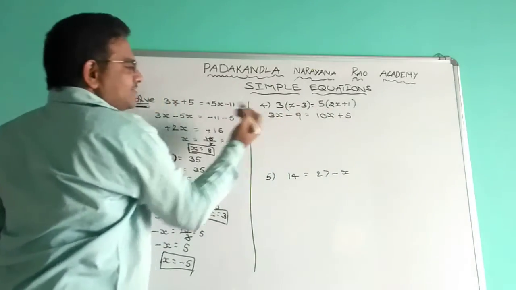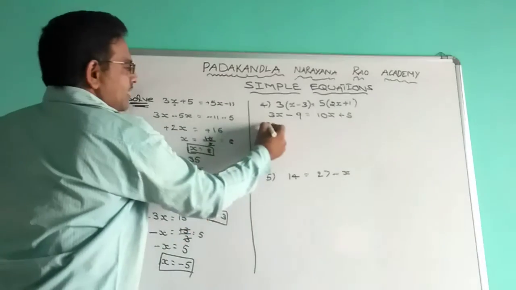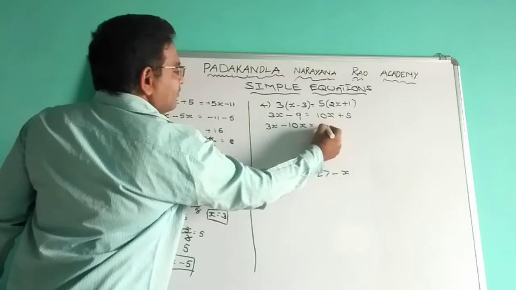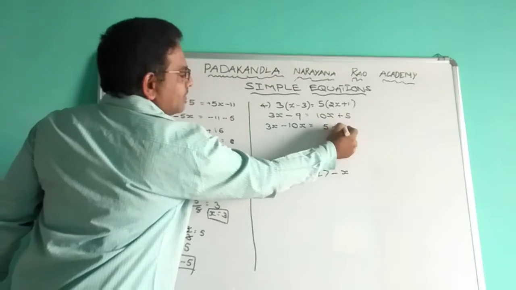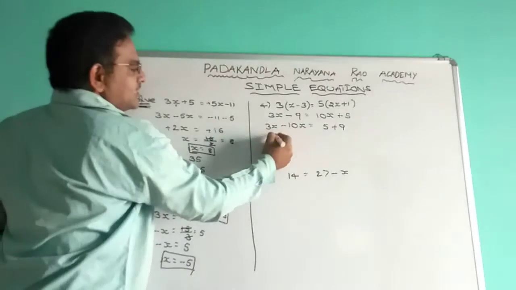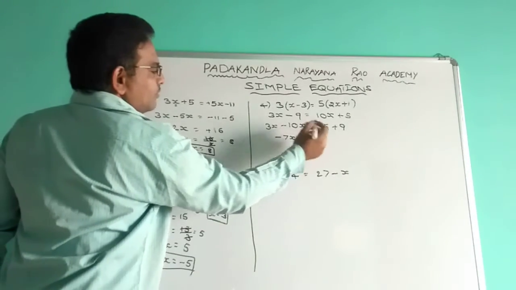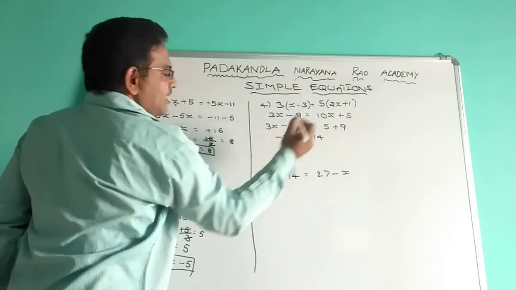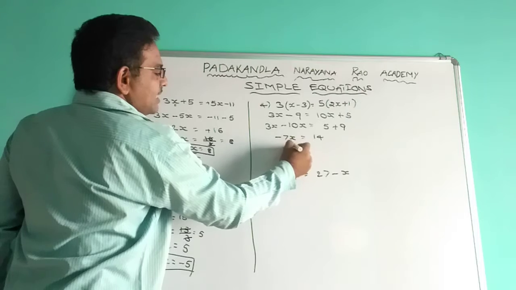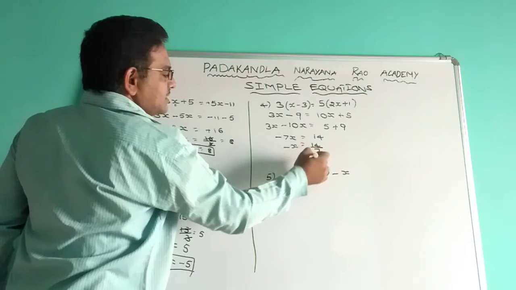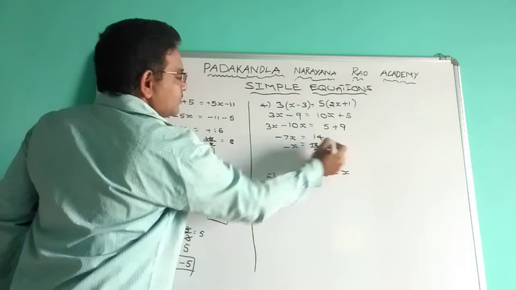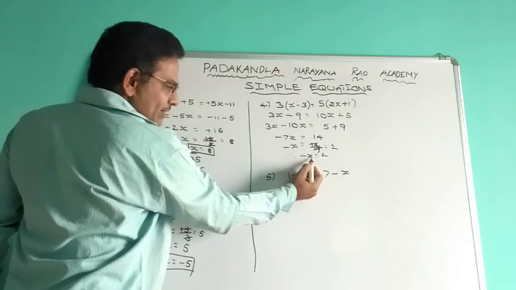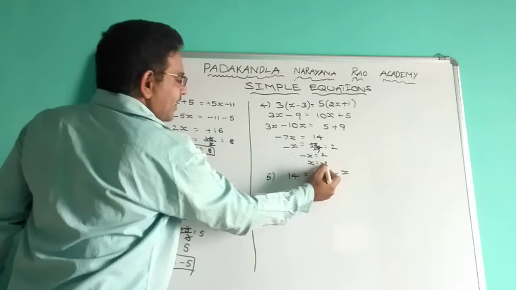Now write all x values on one side. 3x - 10x = 5 - 9, take 9 to the other side as plus 9. 3x - 10x is -7x = 5 + 9. Both have the same sign, so add to get 14. Then -x = 14 by 7. 7 ones are 7, 7 twos are 14. Therefore -x = 2. Solve means you find only the x value. x = -2.